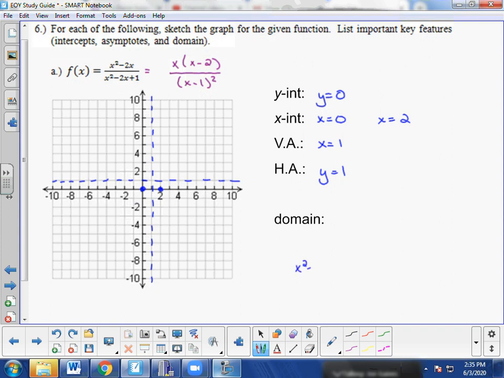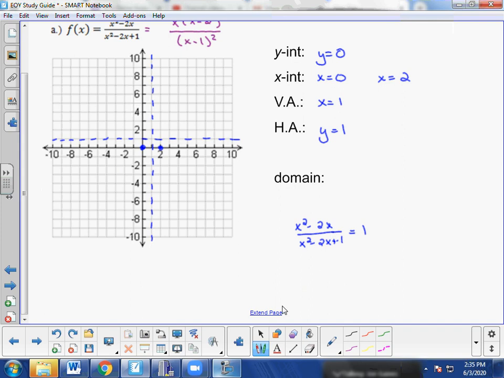So x squared minus 2x over x squared minus 2x plus 1 equals 1. If I multiply both sides by the denominator, that would say x squared minus 2x equals x squared minus 2x plus 1. And then if I subtract x squared and add 2x, this would say 0 equals 1, which is false. So this does not cross.